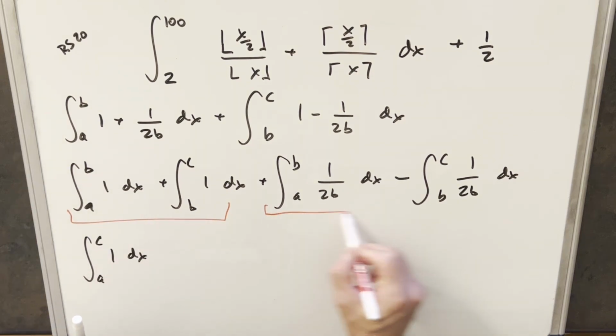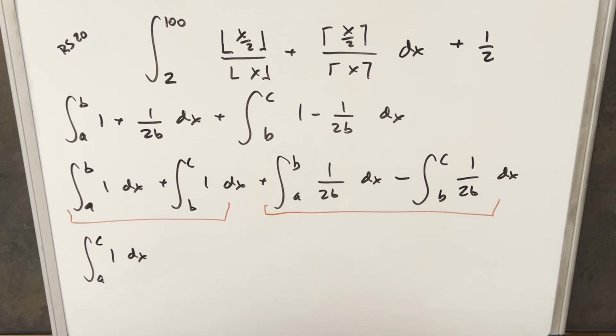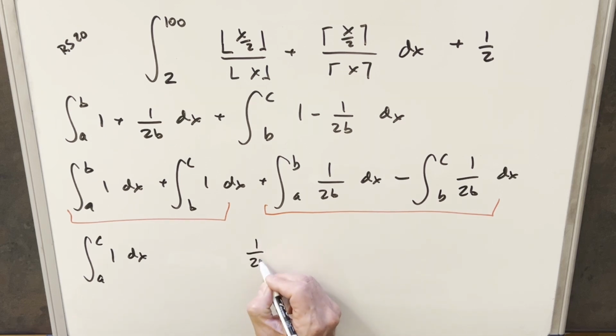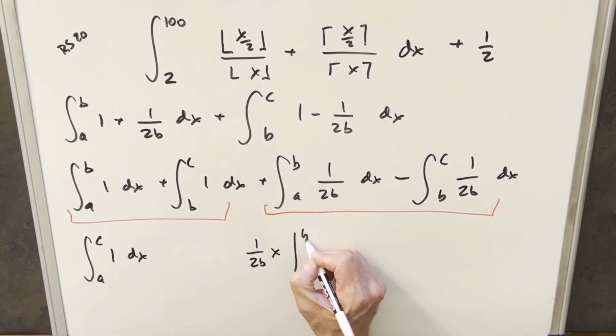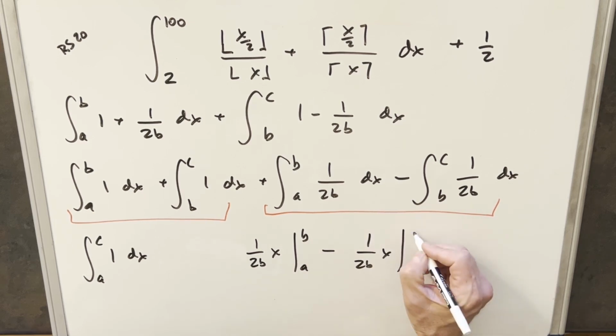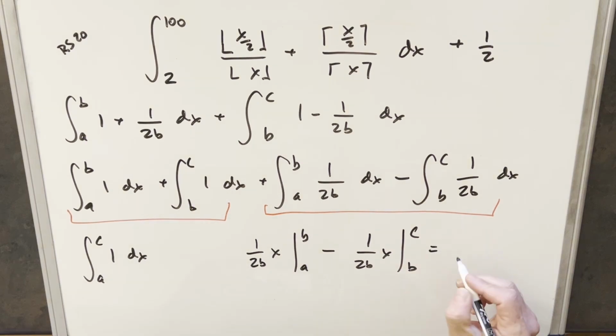Now we can consolidate these two, but just to make it clear, I think I'm just going to integrate it out so we can see what's happening. That's probably the easiest way for me just to explain it. 1 over 2b is a constant value, so when I integrate that, we're going to have 1 over 2b x evaluated from a to b. And then here, same thing, we're going to have 1 over 2b x evaluated from b to c. And then I can just factor a 1 over 2b out.